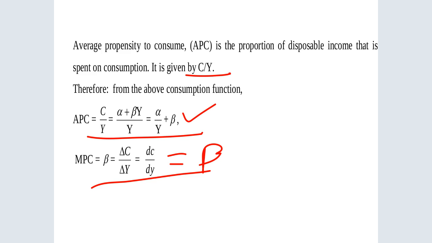And I said y is the income. So if you divide everything by y, this part here is the average propensity to consume.